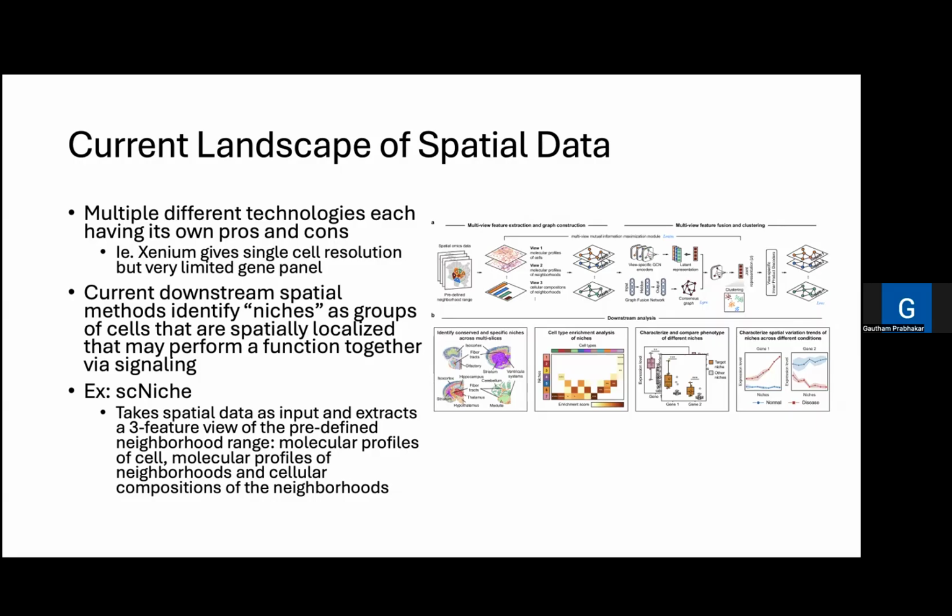An example of this is a tool called SC that takes spatial data as input and extracts three different features: the molecular profile of the cells, the molecular profiles of the cell neighborhoods, and the overall cell composition of each of those neighborhoods, and uses that to form these groupings of cells. Methods like these are cool in that they can find spatially localized cells, but they don't really tell us too much about the functions that they might perform together.